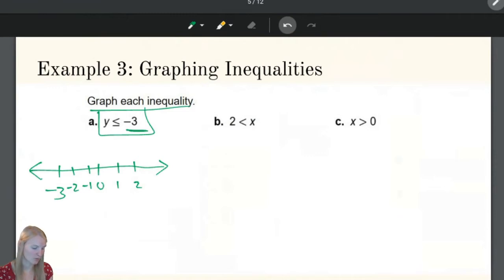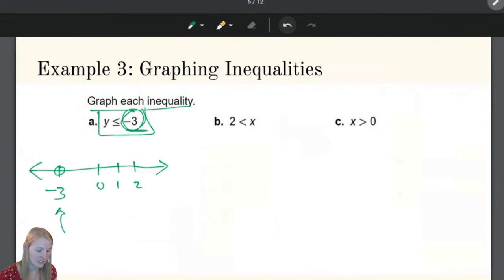There are infinitely many numbers between 0 and -3. Now we have the number that we care about, so next, I'm going to put a circle on -3.